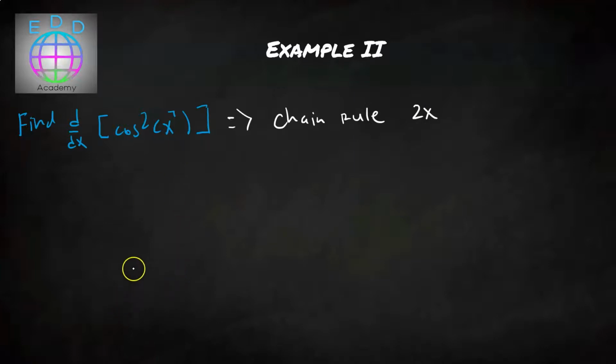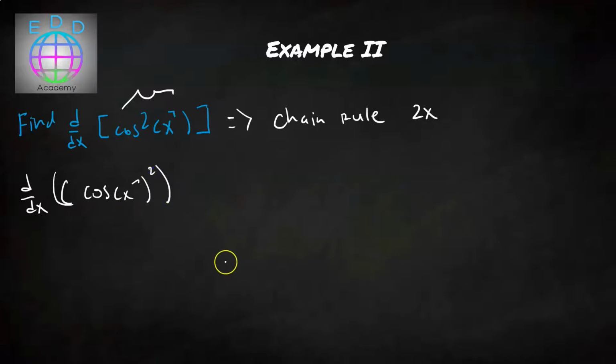So to make this a little bit easier, we can rewrite this whole function as cosine of x to the 7th, quantity squared. That makes using our rules a little bit easier.